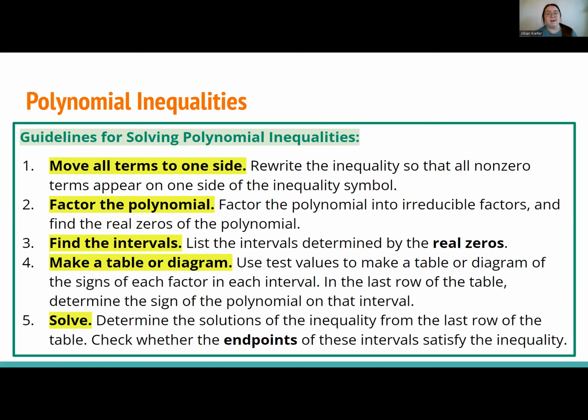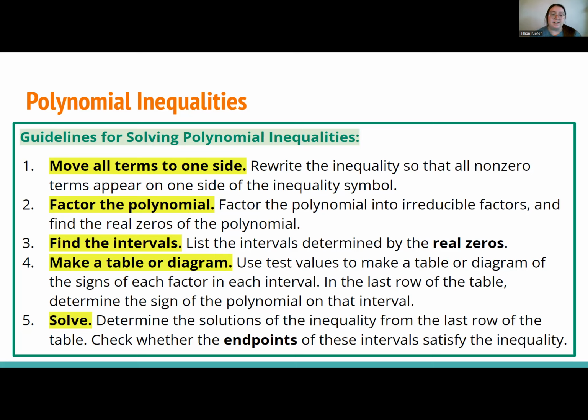Factor the polynomial into its irreducible factors and find the real zeros of the polynomial. Once again, no i's. It's just the real zeros of the polynomial.